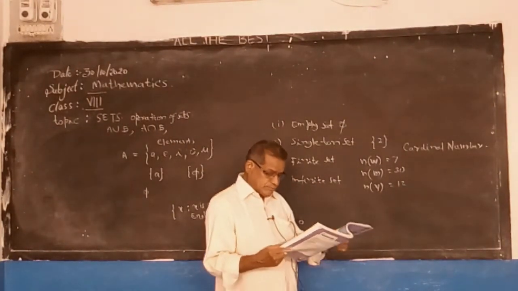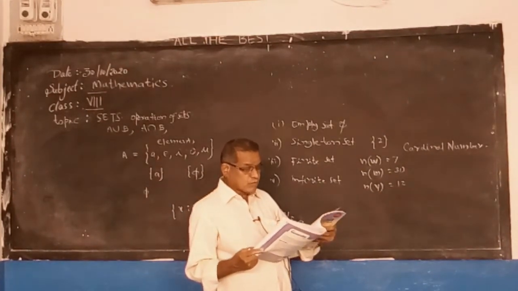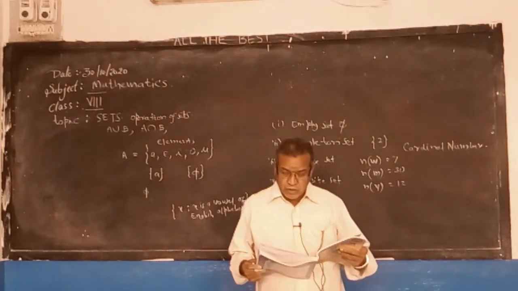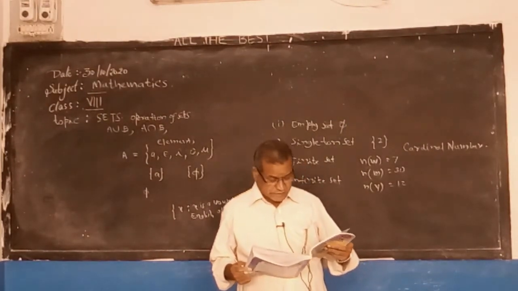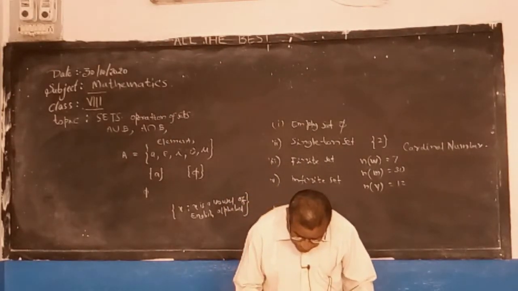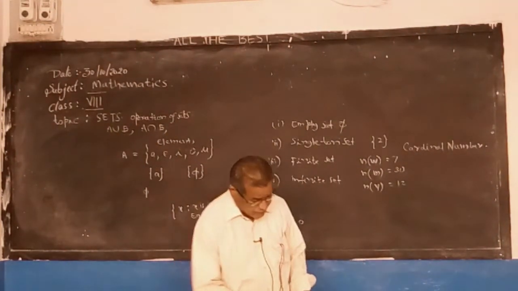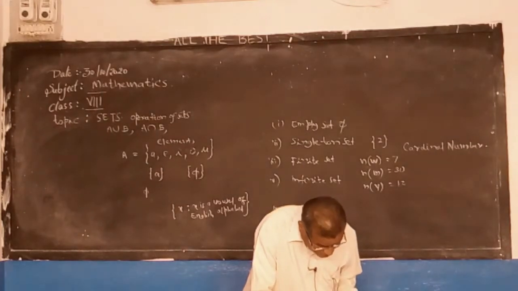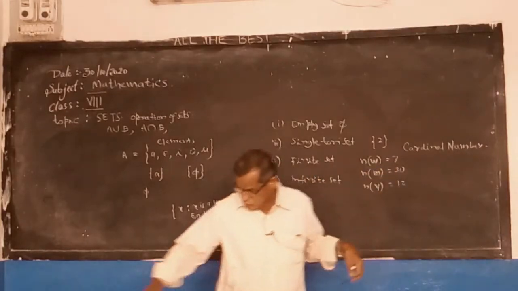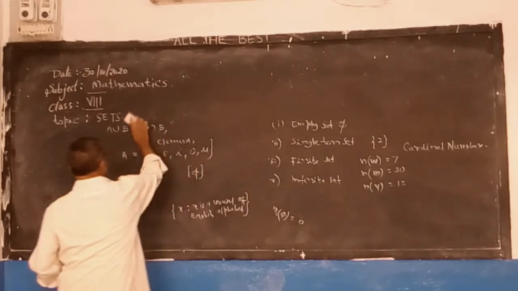Now, the universal set is also given. Okay. See, other sets given here are equal sets and equivalent sets. Now I will discuss them.